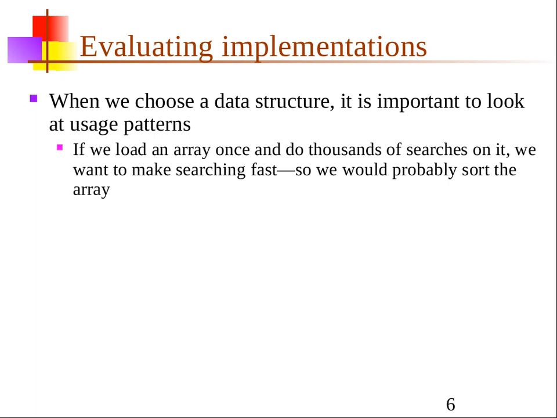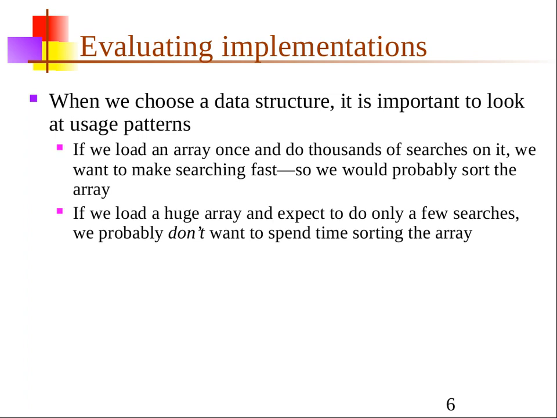All right, good. So we need to choose a data structure for this. If we do an array, load the array once with the numbers and do a lot of searches on it, we want to make the searching fast, so we probably want to sort the array.